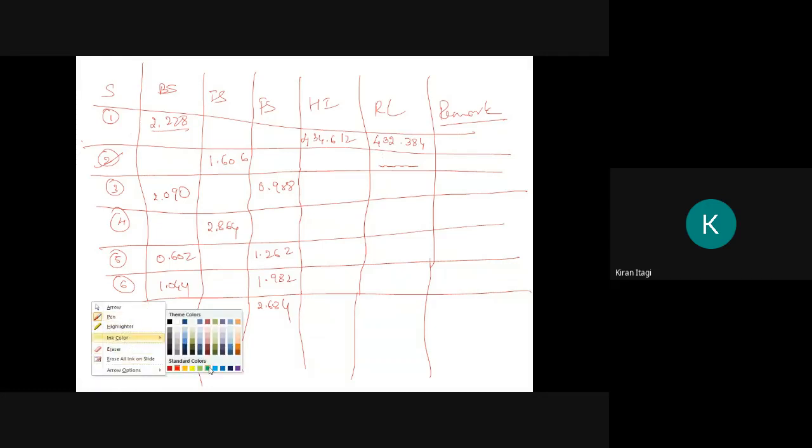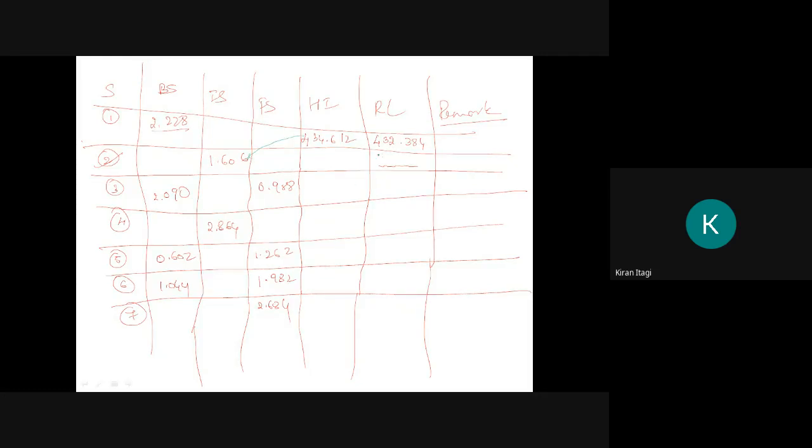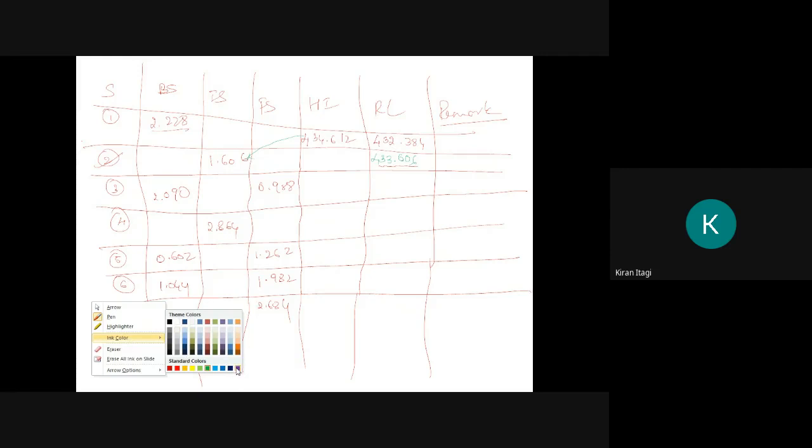It is the height of the instrument minus the intermediate sight. So how much is it? 434.612 minus 1.606. How much are you getting? That is 433.006. Okay, next we have got the RL.